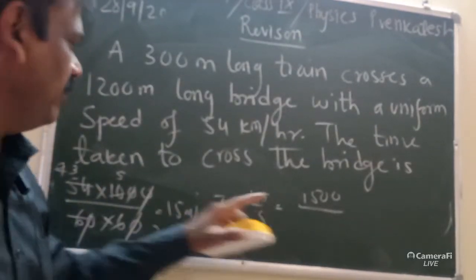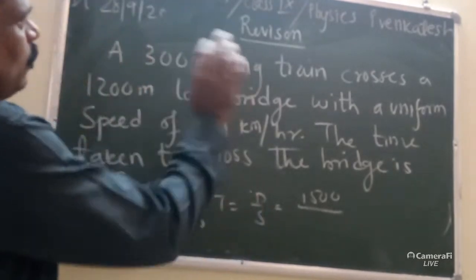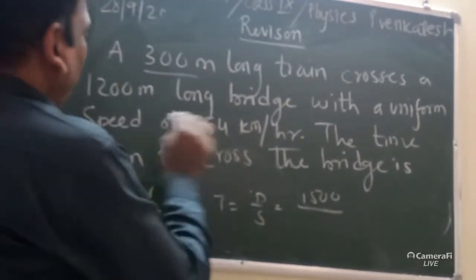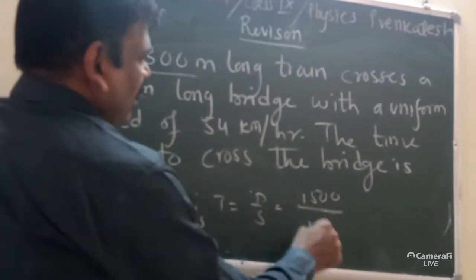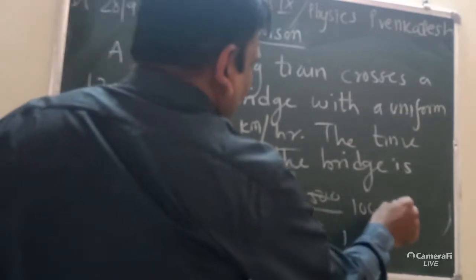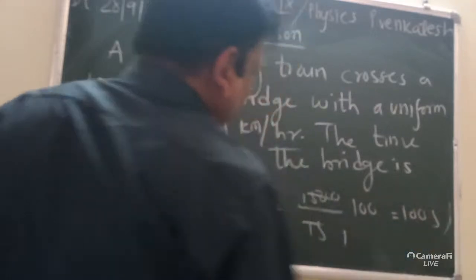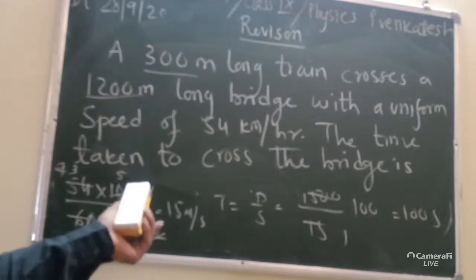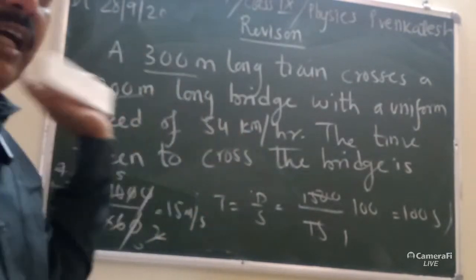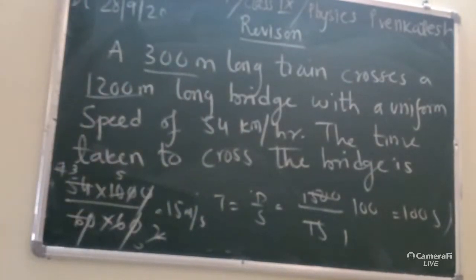Time equals distance by speed. Total distance is 300 plus 1200, that is 1500, divided by 15. It will take 100 seconds to cross the bridge.